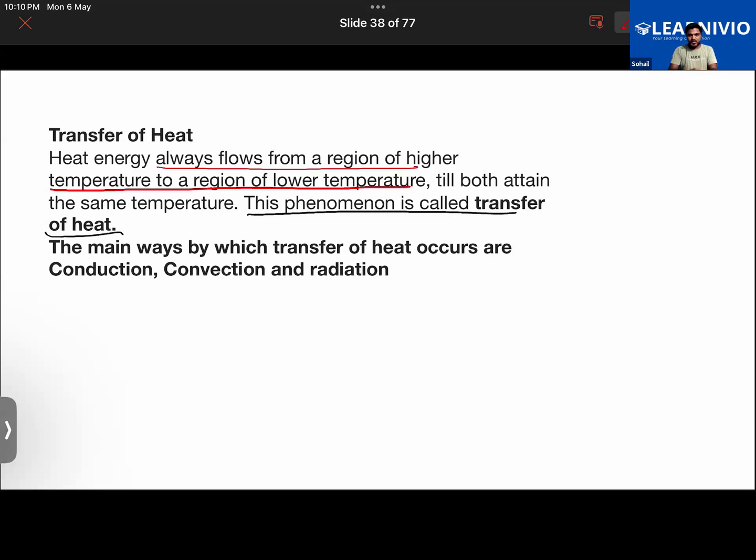Okay. See, for example, does it mean that no heat will be transferred from one object to another if the temperature of two objects is the same? Let's say you have a ball made of iron, and it has a temperature of 40 degrees Celsius.